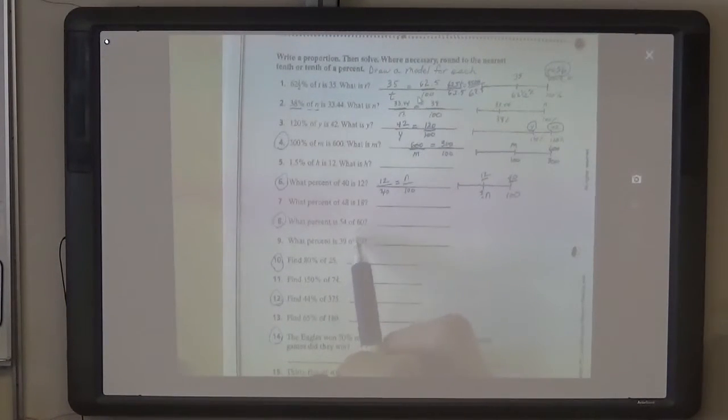So 60 is the whole, 54 is the part, and you're trying to find the percent. So you put that n over 100 and solve it. Okay, you may want to write that down.